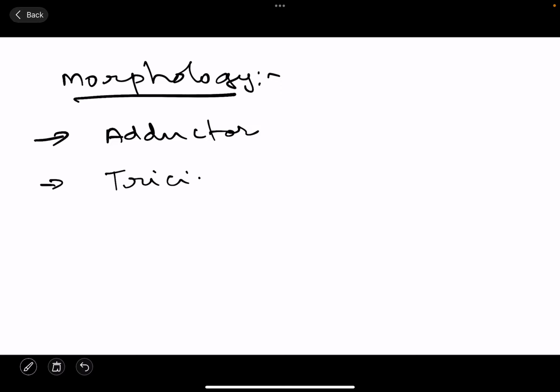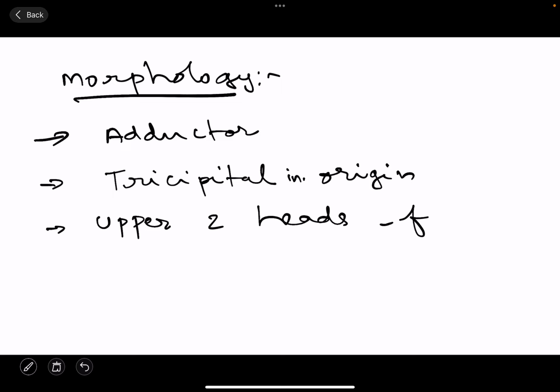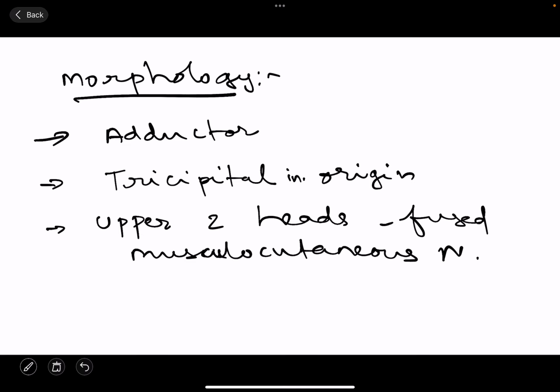Now in some mammals, the coracobrachialis is tricipital in origin, meaning it has three heads of origin. The upper two heads are fused, and the musculocutaneous nerve passes in between the two heads, and these two heads take their origin from the tip of the coracoid process, enclosing the musculocutaneous nerve in between them.